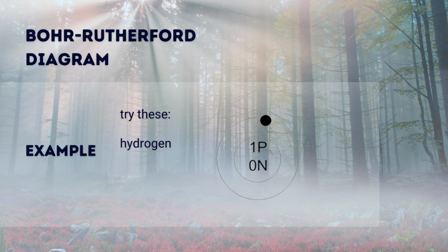Within the nucleus, we would then write the number of protons and the number of neutrons. In the examples on these slides, the nucleus has been created for you. Next, you would simply draw your first energy level and add up to 2 electrons. In our example for hydrogen, we see that there is only 1 proton, meaning there is only 1 electron needed. So we would only need to draw 1 electron on our first energy level.